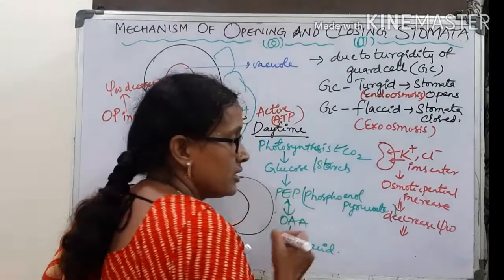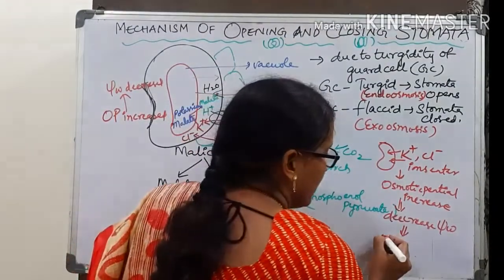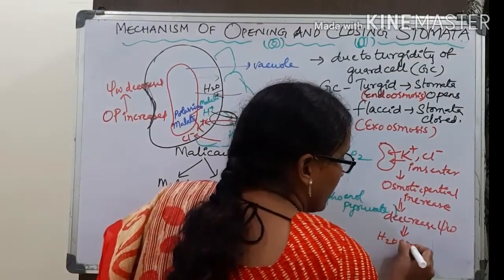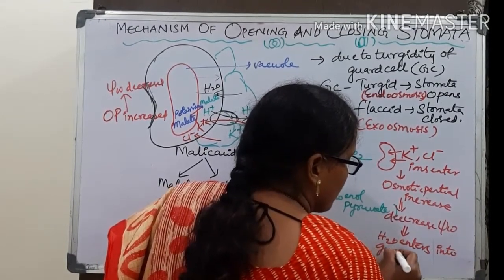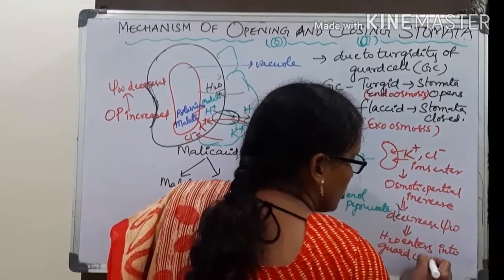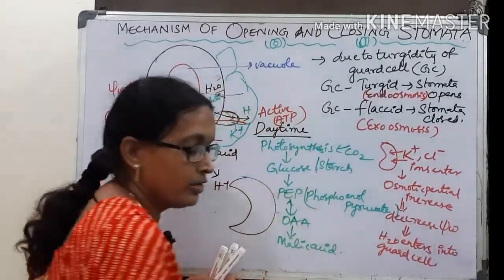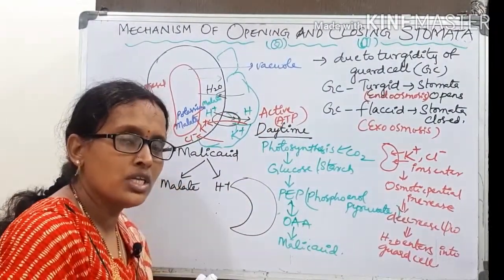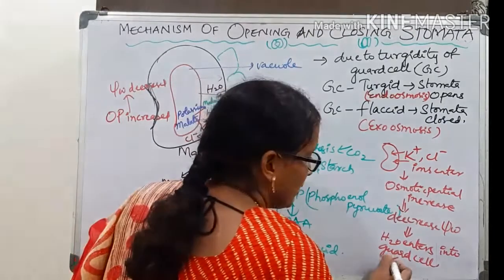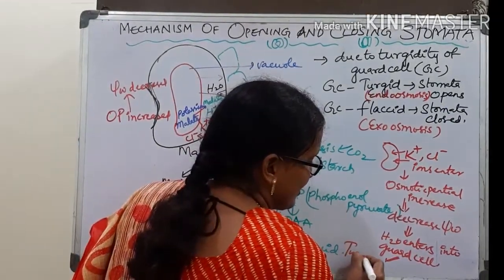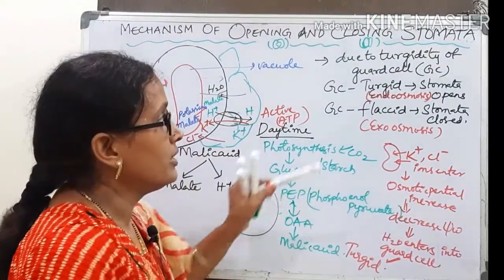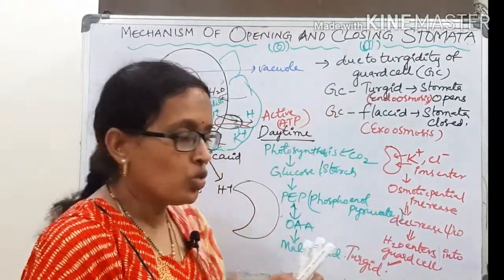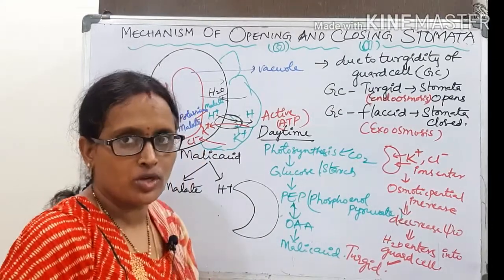So when there is a decrease in the water potential, ultimately water enters into the guard cell, and when water enters into the guard cells, ultimately they become turgid. They become turgid.